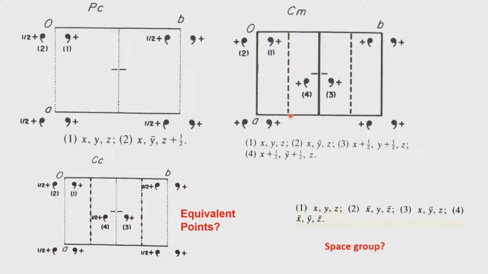It is not in the space group. The glide plane is a consequence of the centering. Because we have the centering, x, y, z is becoming half plus x, half plus y, and z. That presence of the half plus x, half plus y, z and the corresponding mirror operation relates 1 and 4 by a glide operation. So, if you examine 1 and 4, you see that it is a glide.